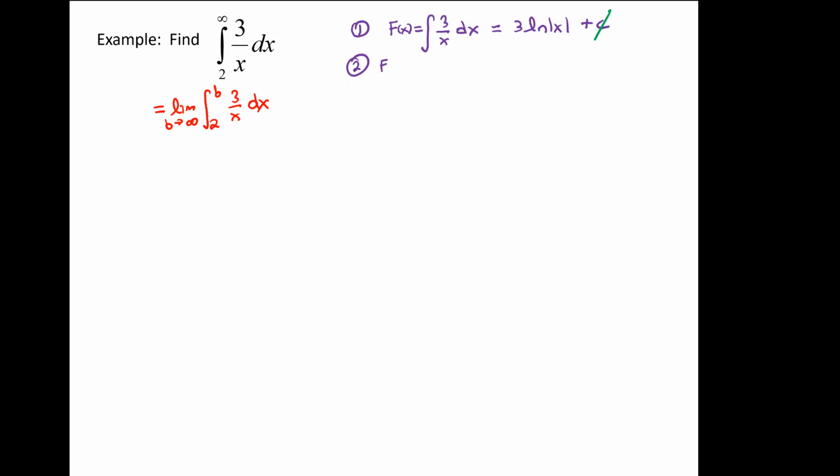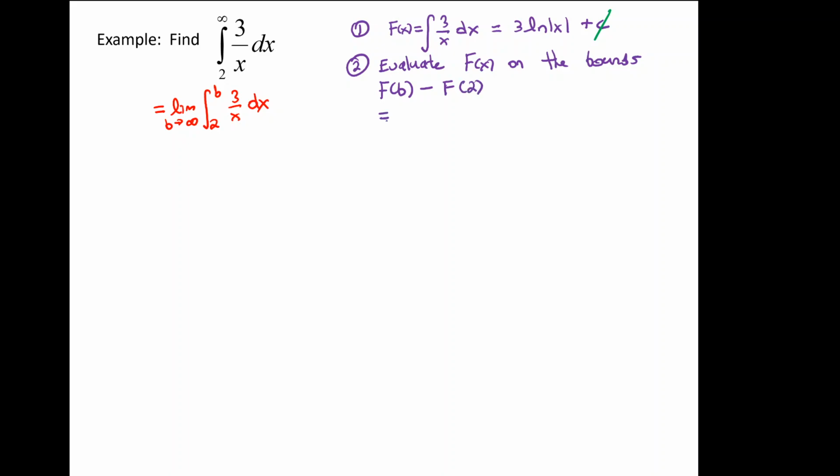Step 2, evaluate the antiderivative on the bounds. So capital F of x on the bounds. So we have capital F of the top bound, capital F of b, minus capital F of 2.